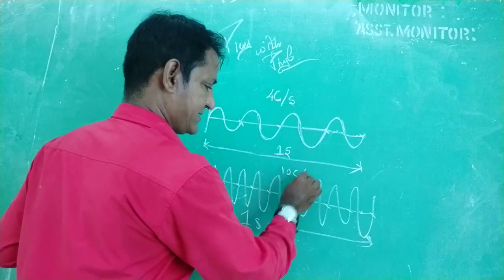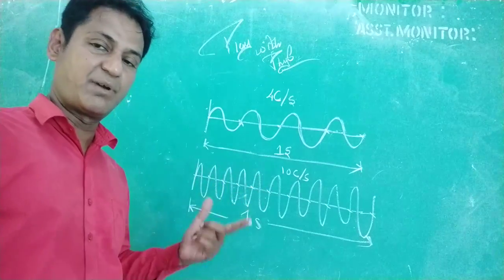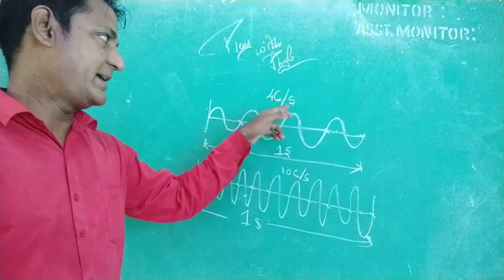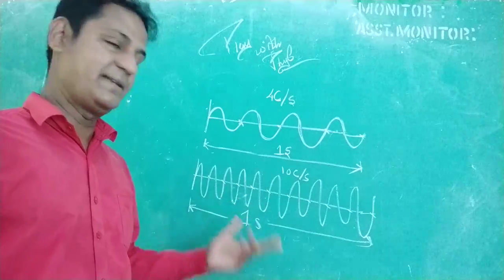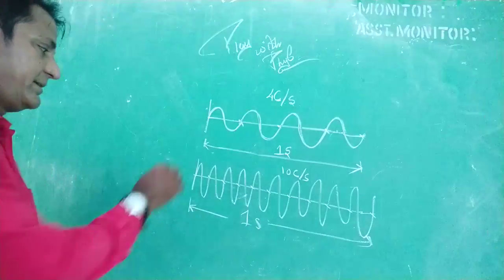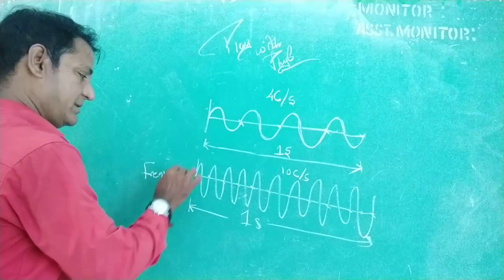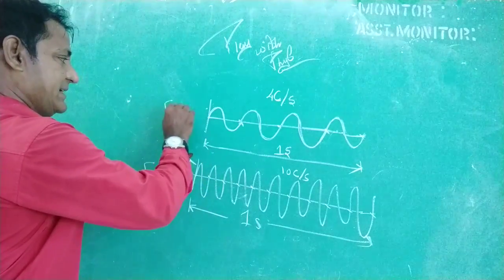So 10 cycles per second. So I say frequency means number of cycles per second, right? Here for 1 second it has completed 4 cycles. Here for 1 second it has completed 10 cycles. It means here the frequency is more. In this one, the frequency is less.